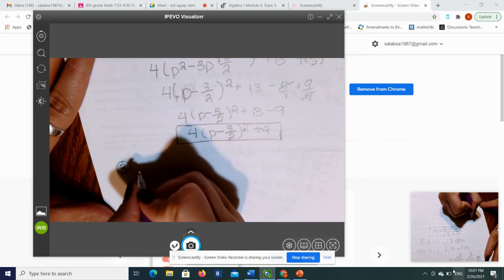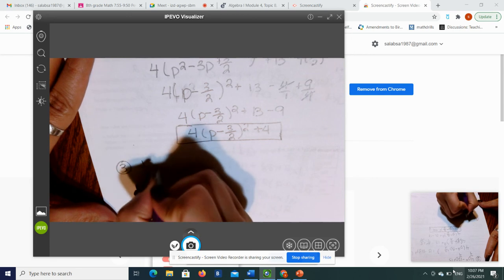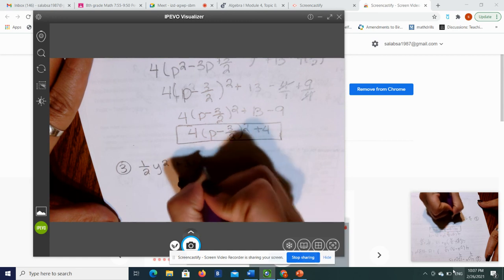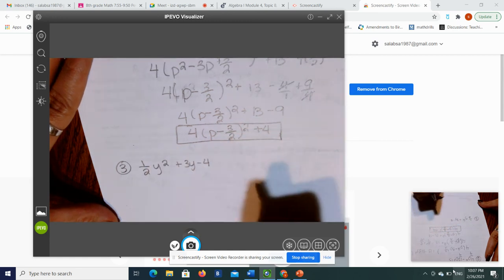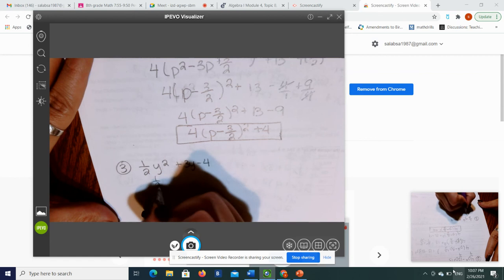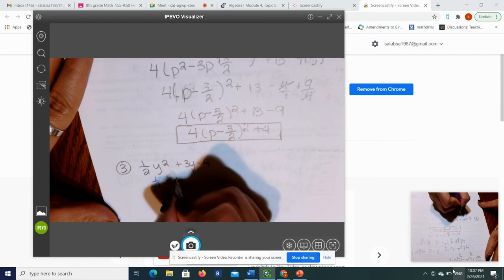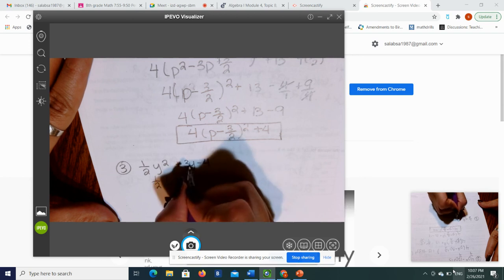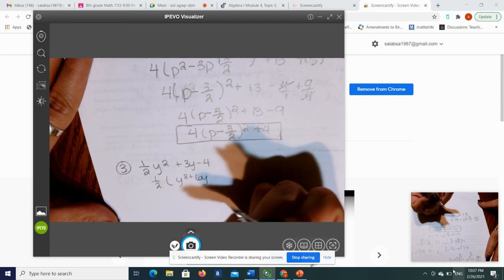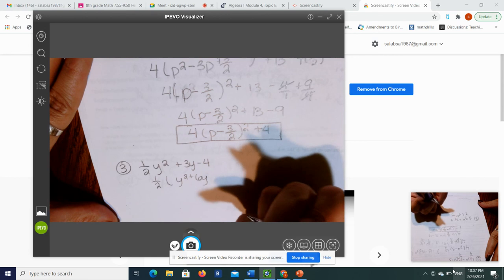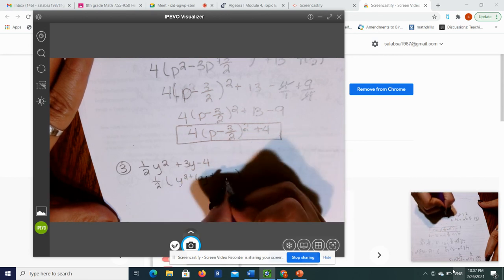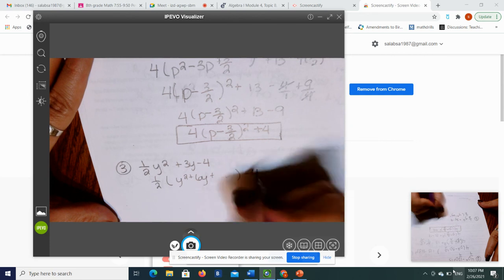You have 1/2 y squared plus 3y minus 4. First things first, we're going to take out our half and distribute it across. So you got y squared plus 6y. And the reason I got 6y, 3 times 2 gives you 6. Plus, we don't know what's going to go for our c, minus our 4 on the outside.